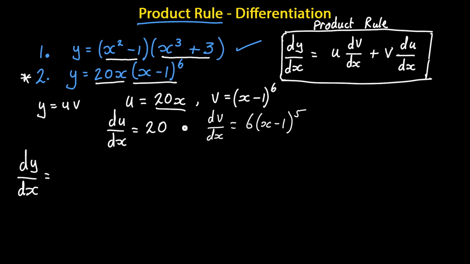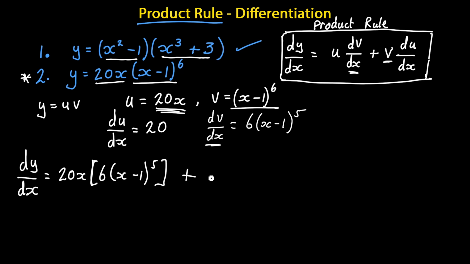So if we plug in our values, we've got 20x, which is u, multiplied by the derivative of our equation v, which is 6(x minus 1) to the power of 5, plus our equation for v, which is (x minus 1) to the power of 6, multiplied by the derivative of the equation 20x, which is 20.